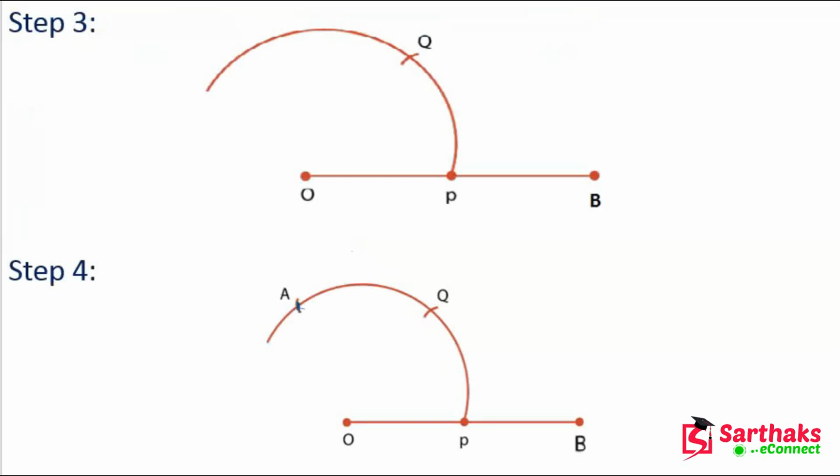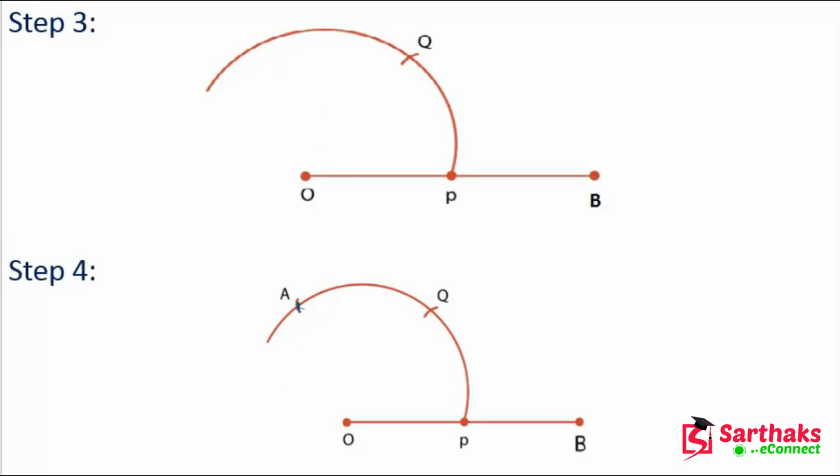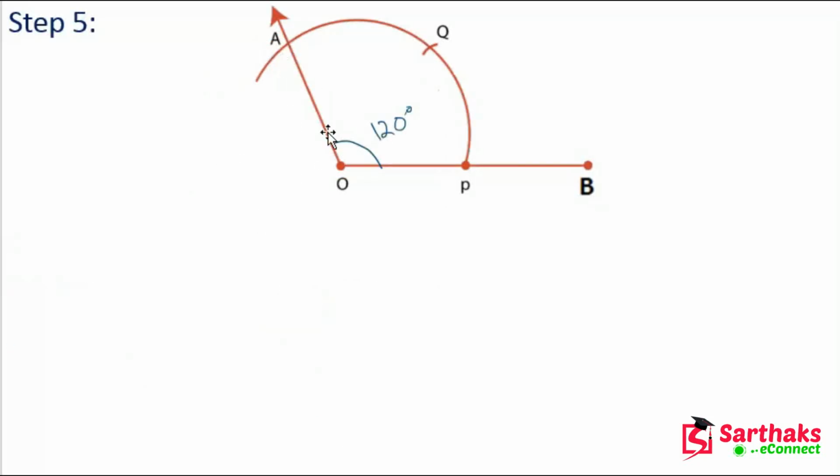In the third step we take P as the center and cut an arc on the first arc at point Q. In step 4 we take Q as the center and cut an arc on the first arc at point A. Now in step number 5, we join O to A like this. So this makes an angle of 120 degree. My dear friends, I hope you understand these things.